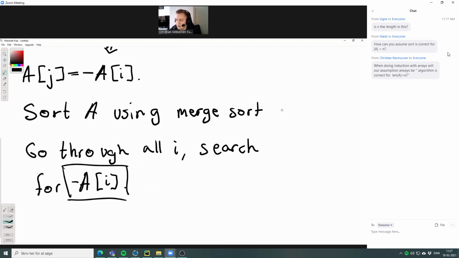So how long does it take to sort it? It takes O(n log n) to sort. We know this because of how merge sort works. And how long does it take to go through all i? It takes exactly n time. But every single time we go through an i, we also have to search, right? And it takes log n to search.